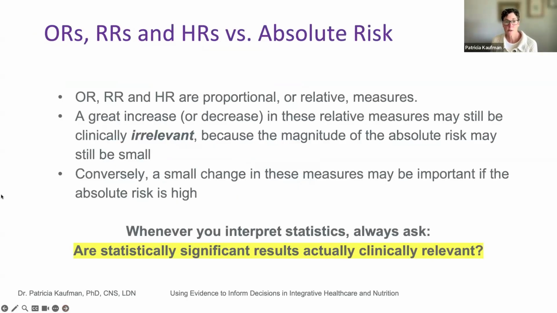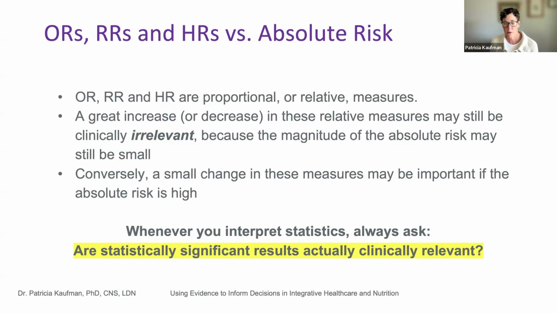It's important to understand the difference between odds ratio, relative risk, and hazard ratio. These are proportional, so a great increase or decrease in these relative measures may still be clinically irrelevant. It's always important when you're looking at the data to ask, is this really clinically relevant?